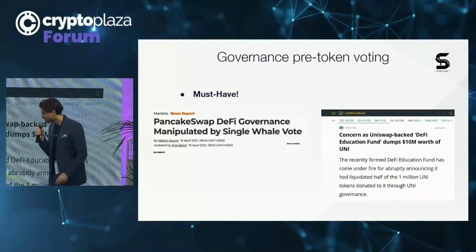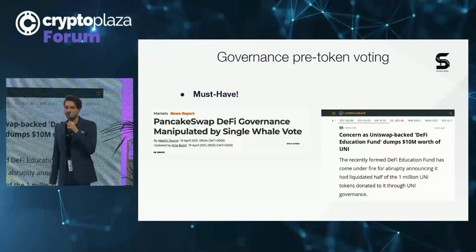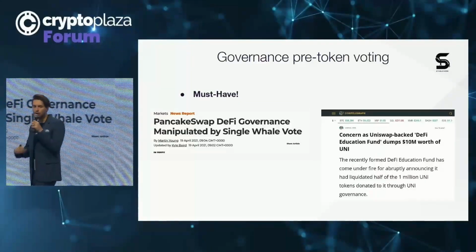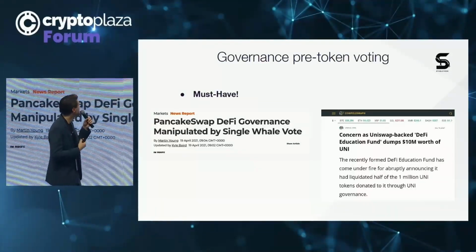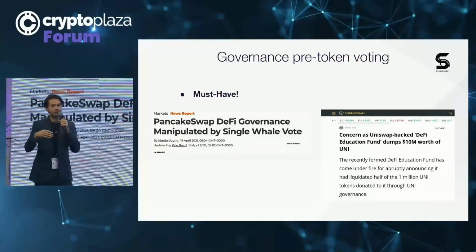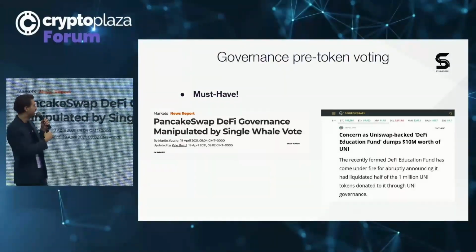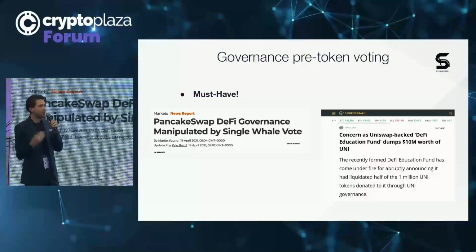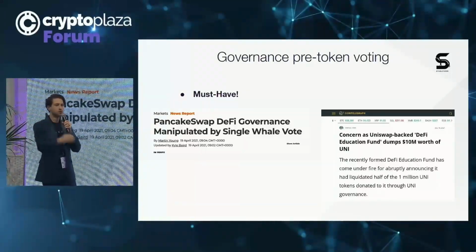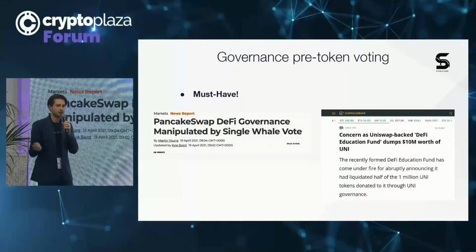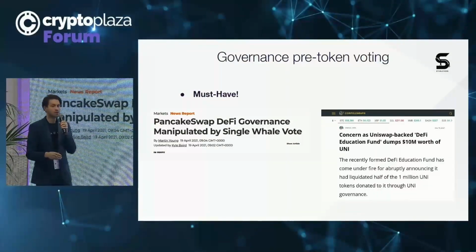Another thing that is very important, which is an error we often see in smaller and newer protocols, is that their governance pre-token voting is very poor. If you have a protocol where you just put up a forum post or something and then go straight to token voting, this creates a process that is very skewed towards large holders.